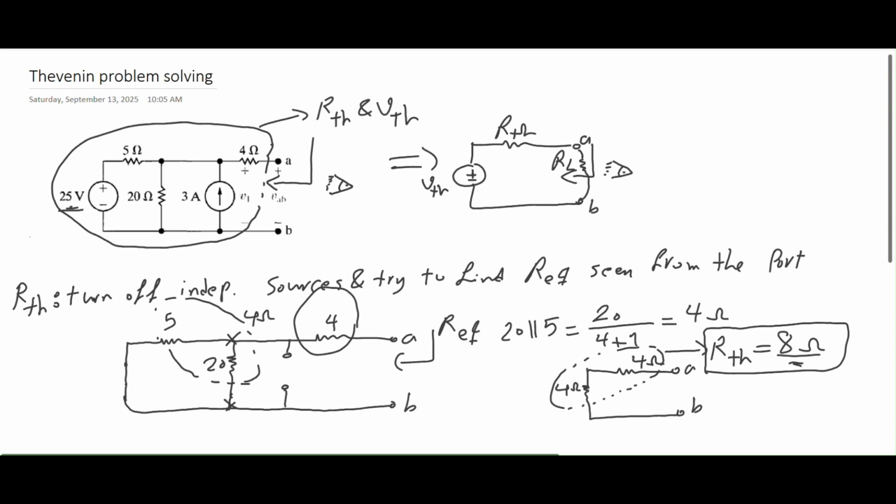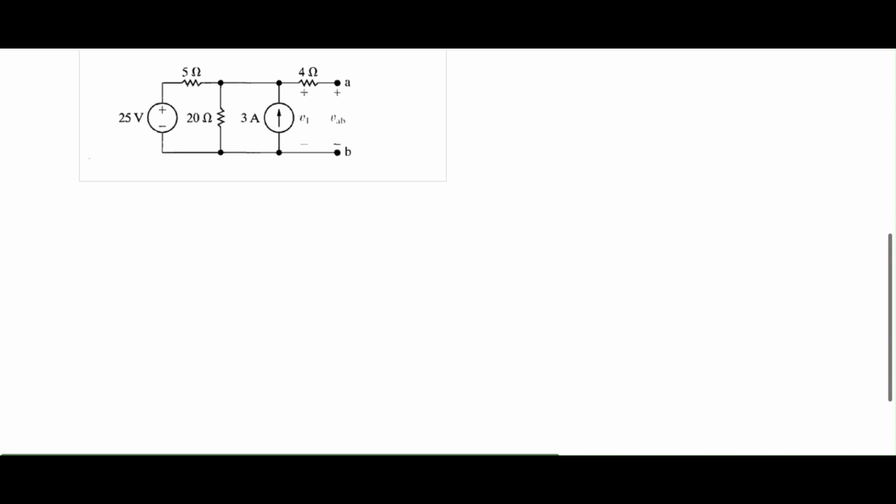Now let's continue on and try to find the Thevenin voltage for this circuit. So I'm drawing the circuit again here, so it helps me just to do all those calculations a little cleaner. So I'm trying to find the VOC, or the open circuit voltage seen from here, from this port.